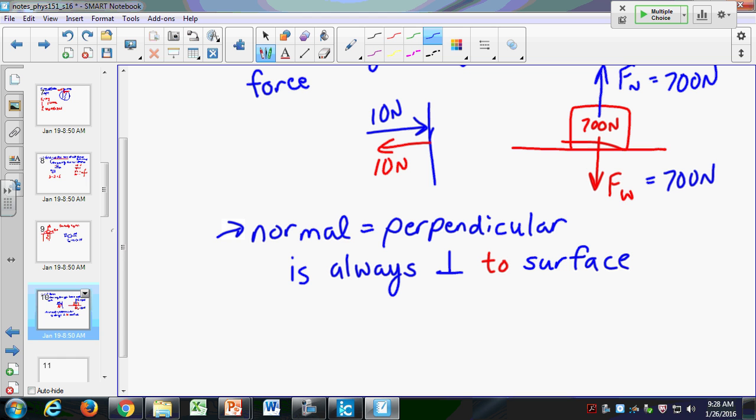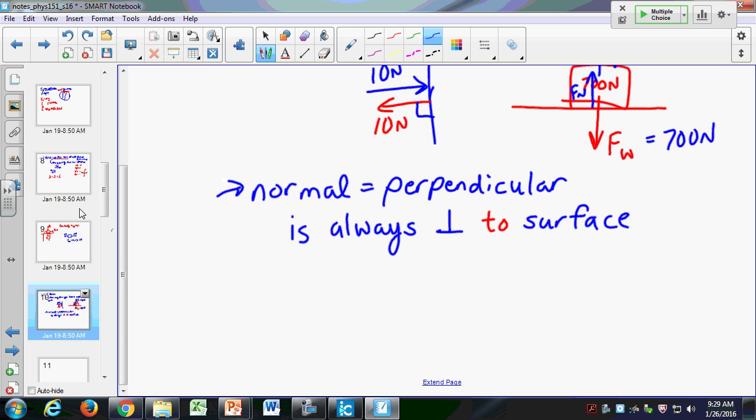Notice up here that the normal force is perpendicular to the surface at an angle of 90 degrees to the surface. Over here, the normal force is perpendicular to the surface. And in fact, if I were to draw the normal force actually as it's applied, the normal force would be applied on the block from the floor like that, but always perpendicular to the surface.